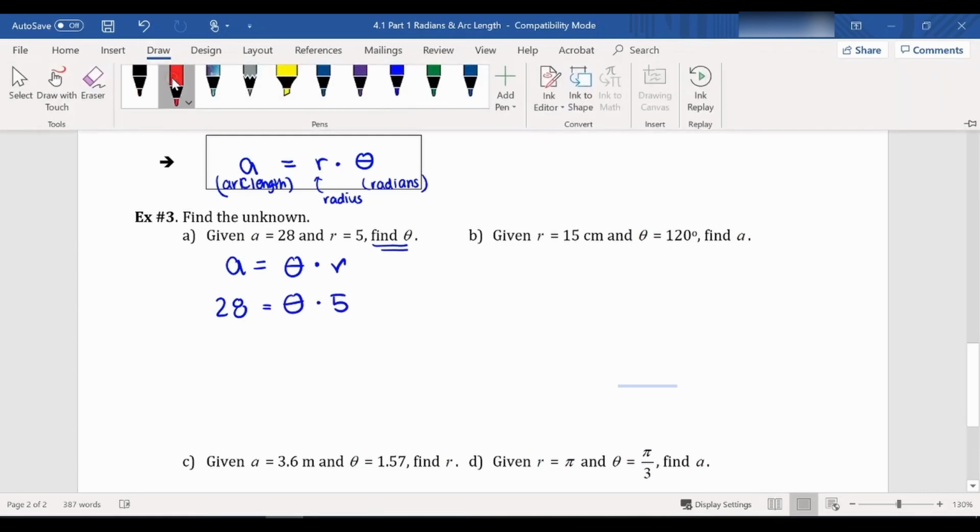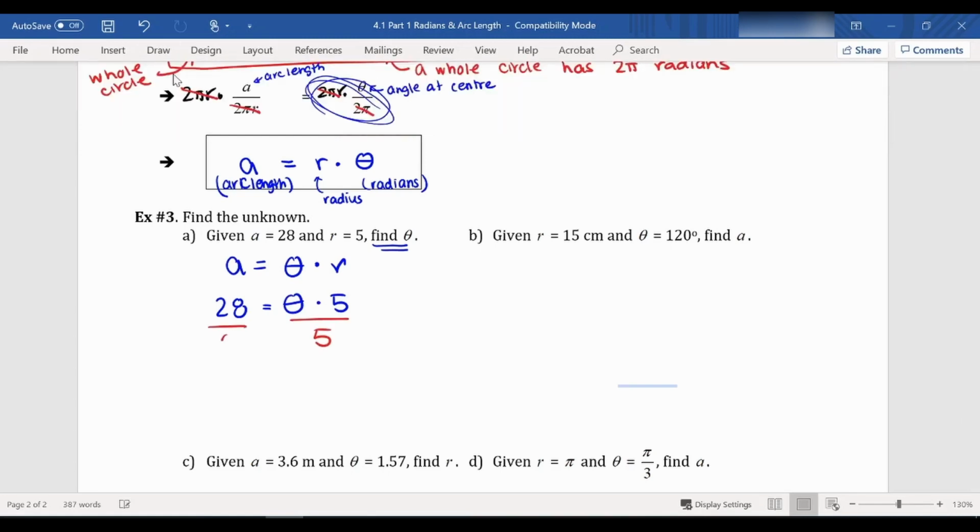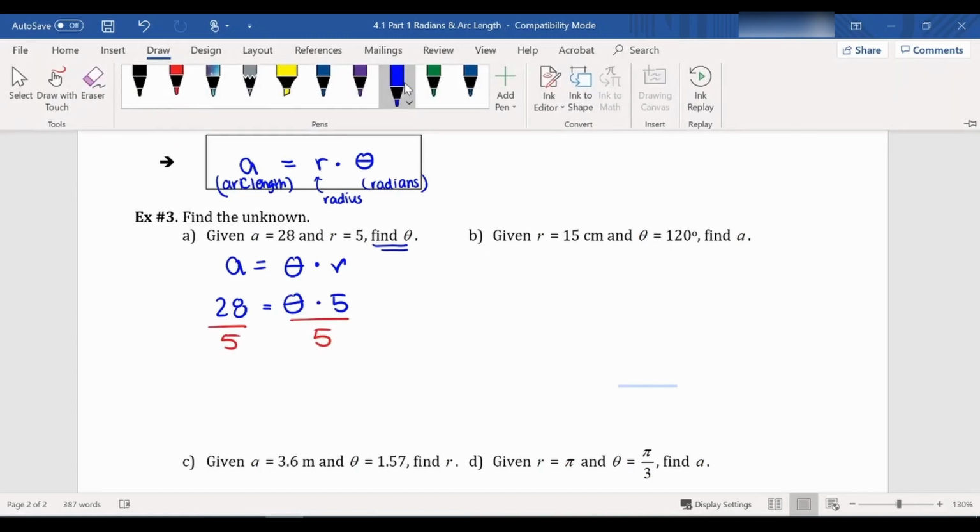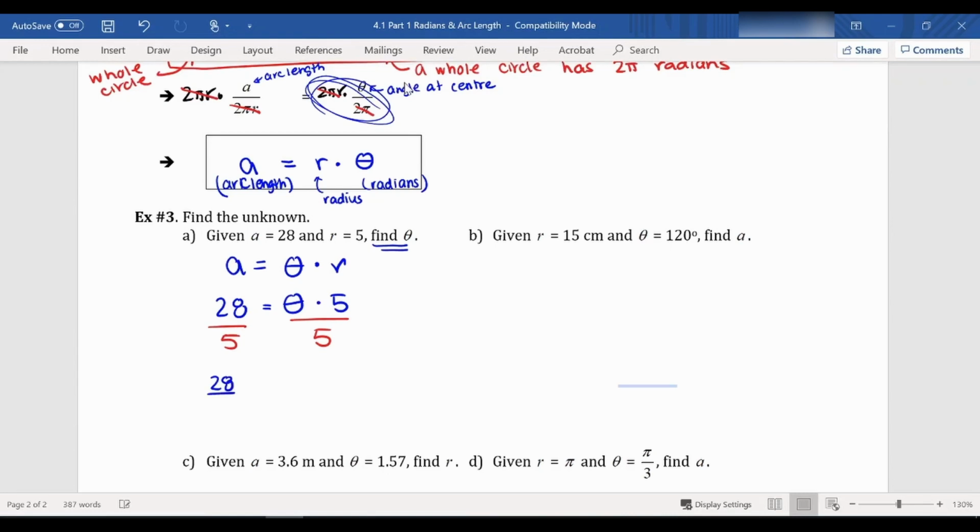So now we can divide both sides by 5. And we get 28 over 5 equals theta, or we can plug this into our calculator and get 5.6 radians is equal to theta. Remember, our theta is always in radians with this equation. We don't have to write the word radians here. We could write the word rad, or we could just leave it out altogether and just say theta is equal to 5.6.